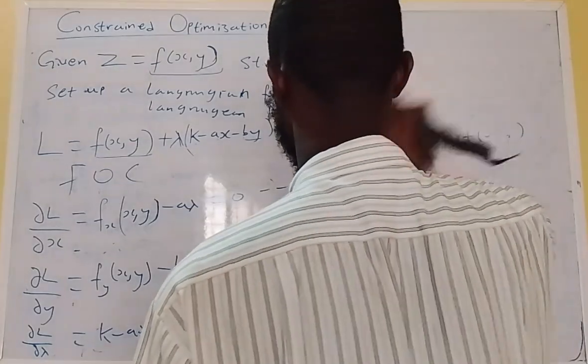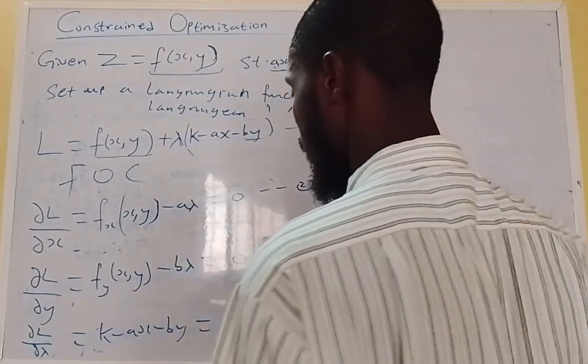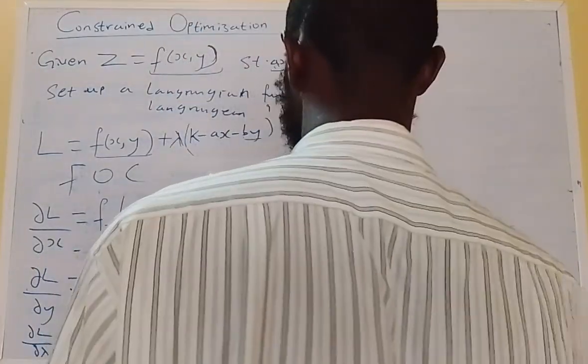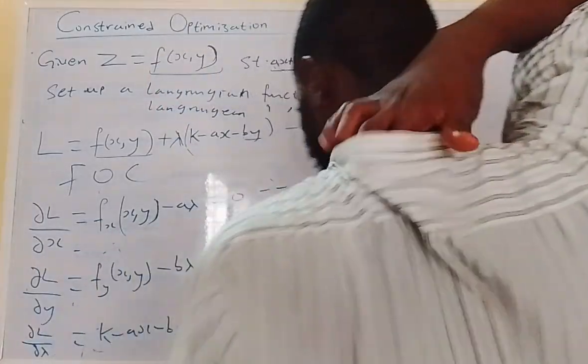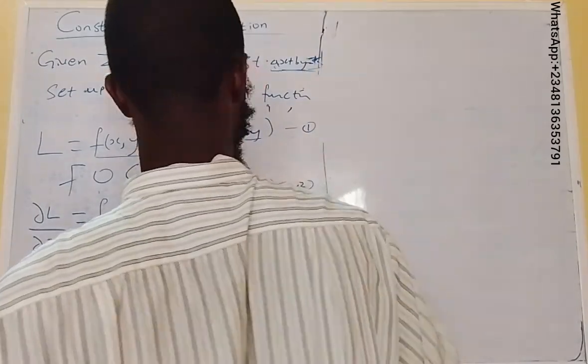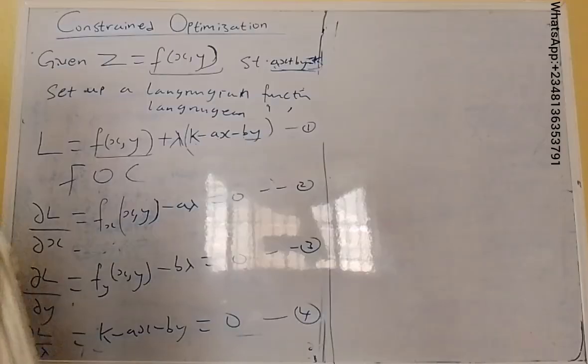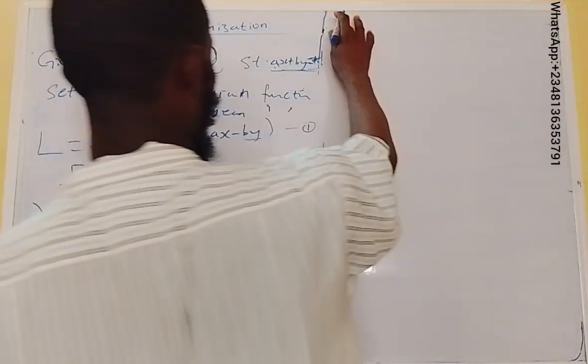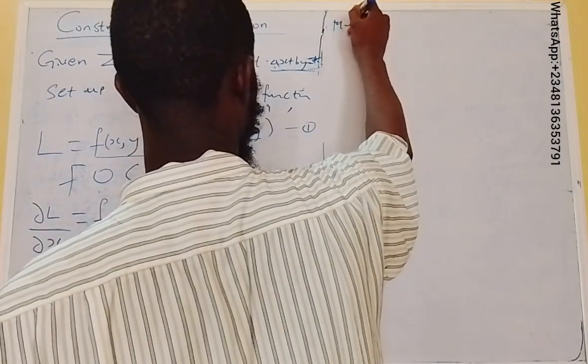These are the equations I'm going to solve. So I'm going to solve equations 2, 3, and 4. There are two ways of solving this problem. The first approach, that's method 1.